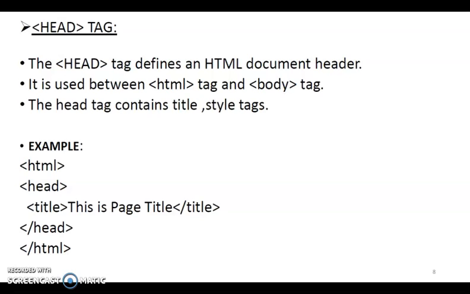Now you can see the example of the head tag. First the HTML tag is open, then the head tag is open. In the head tag you mention the title of your web page, then after the title tag you must close your head tag. Okay, and after that your HTML tag will be closed. This is the simple example of your head tag.